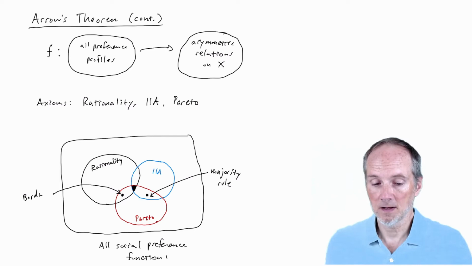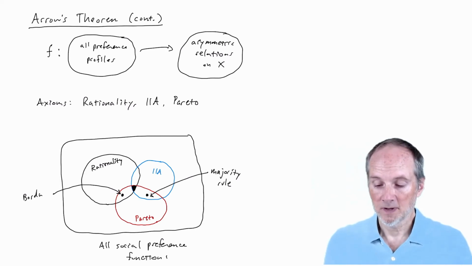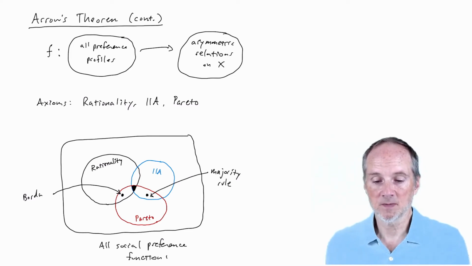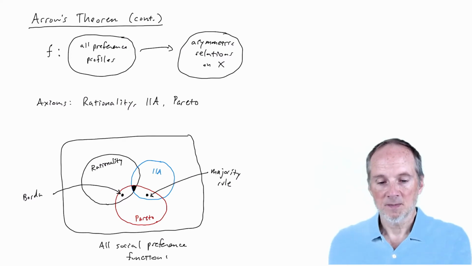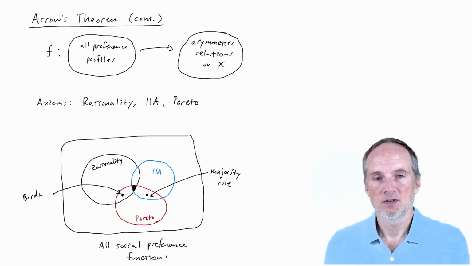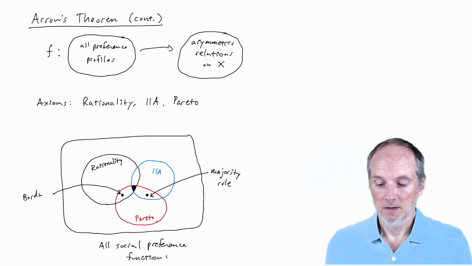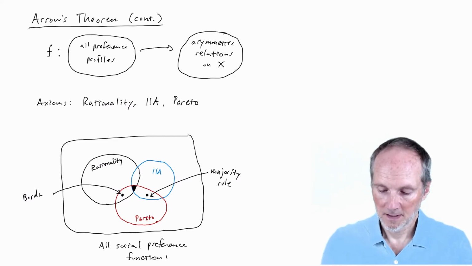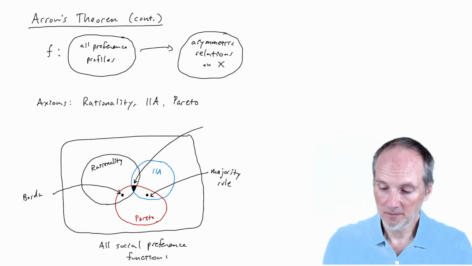But when you impose all three axioms at the same time, you're left with very few, and they're not normatively interesting or justifiable. And I should say this is often what happens with axioms: when you look at them separately, they seem reasonable, weak, but sometimes when you combine them, they have unexpected joint implications. The joint implication of all three of these axioms is that the social preference function is dictatorial.